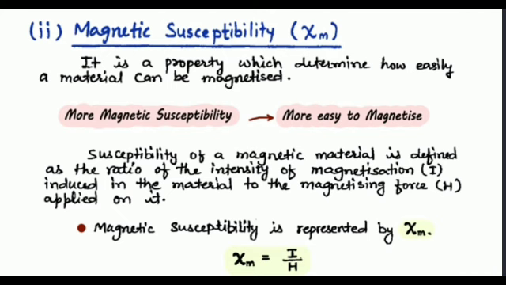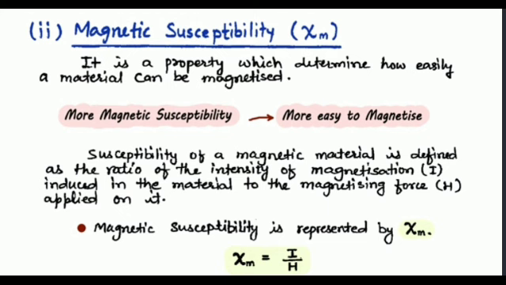Susceptibility of a magnetic material is defined as the ratio of the intensity of magnetization I induced in the material to the magnetizing force H applied on it. Magnetic susceptibility is represented by chi m. So, chi m is equal to I by H.